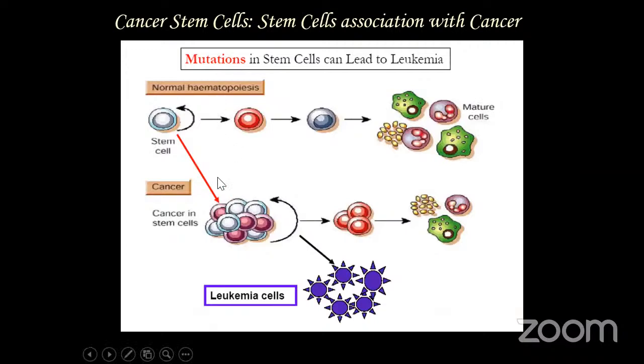But if there is some kind of insult, or the microenvironment or our lifestyle, because now cancer is considered a lifestyle disease, same also is diabetes. In this case, the normal development is not proceeding. Some cells get mutated or the environment plays a role, then the specific pattern is changed.